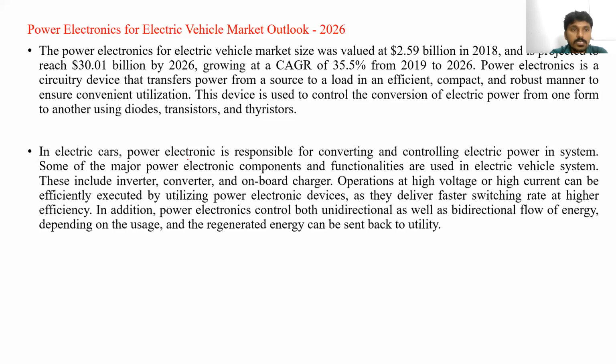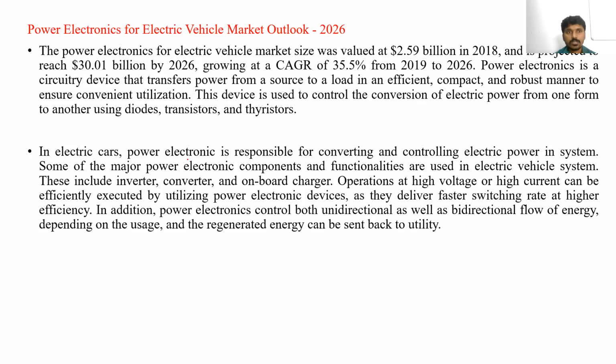It can reach $30.01 billion by 2026. It means a huge role and a huge market for power electronics in the future in the field of electric vehicles and hybrid electric vehicles. Clear? Because without a power electronic converter, there is no chance to operate electric vehicles and hybrid electric vehicles.